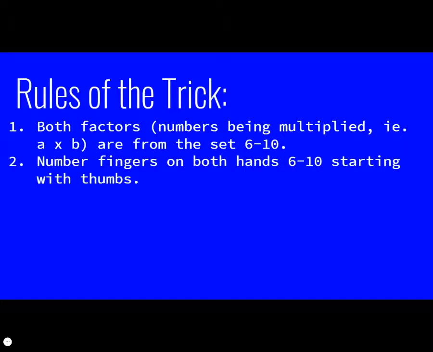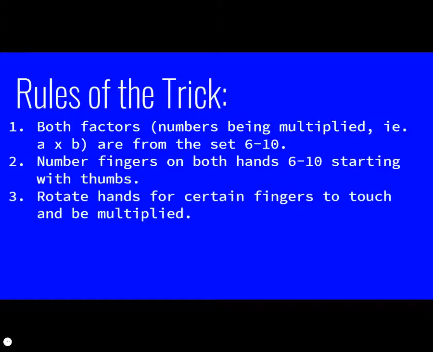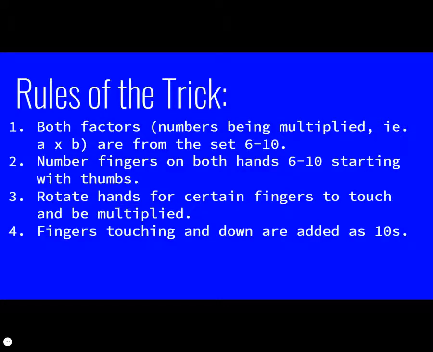Number 2, what you're going to do is number your fingers on both hands, 6 to 10, starting with your thumbs. And you're going to rotate hands for certain fingers to touch and be multiplied. So depending on what the question is, you're going to rotate your hands in order for those fingers to touch based on the number. All right, so here is where we get to the answer.